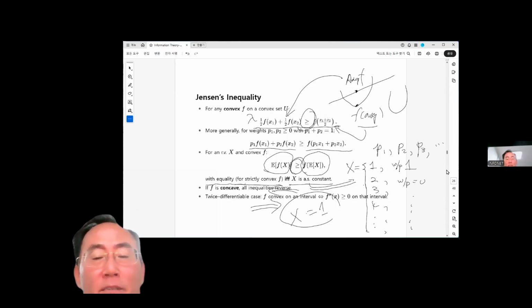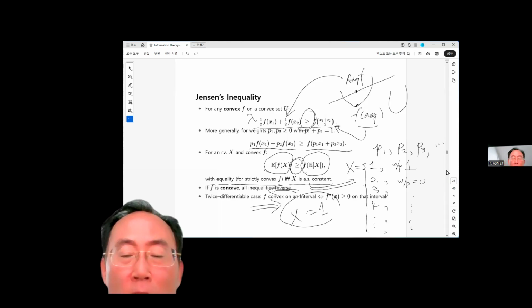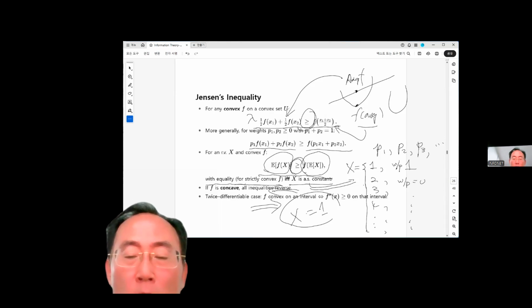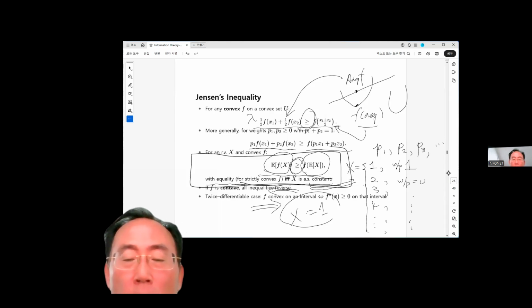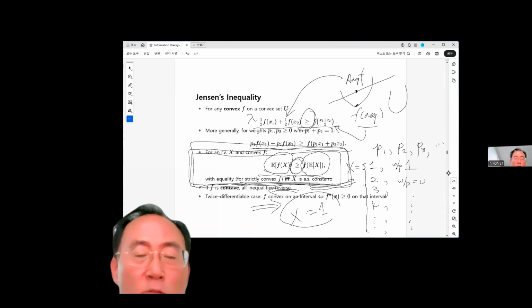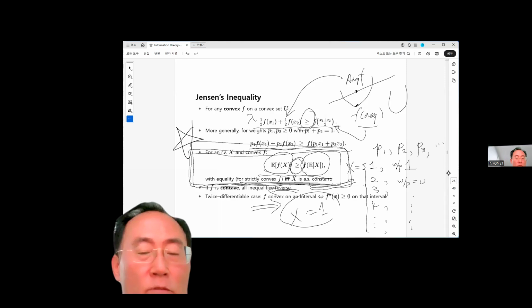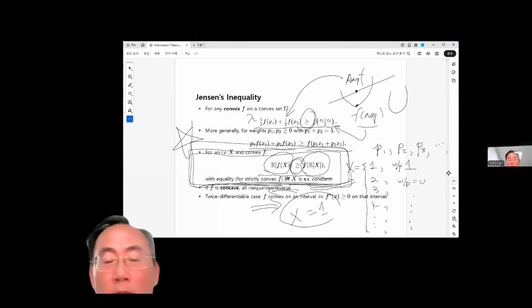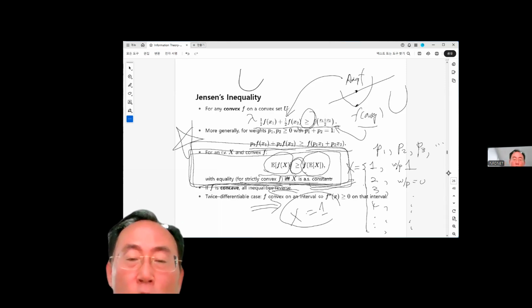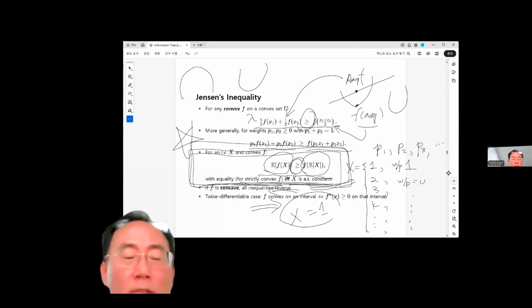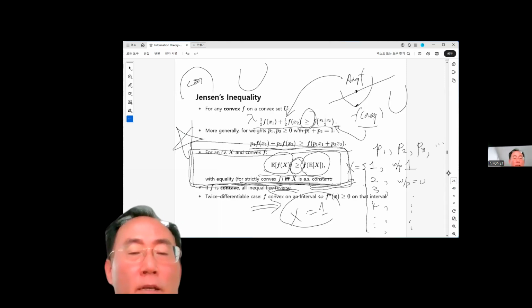Okay, that's Jensen's inequality. From now on, I want you to remember this part, okay? That is the part that we need to utilize in information theory class. We need to apply this. And then convex U, concave, this is concave, this is convex.